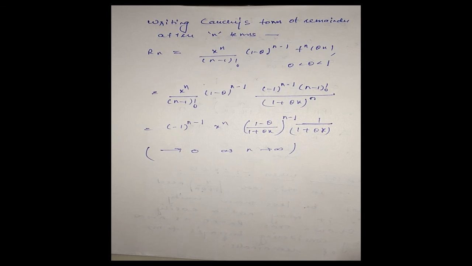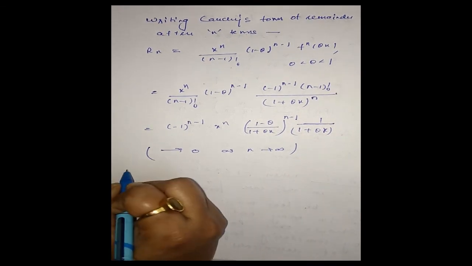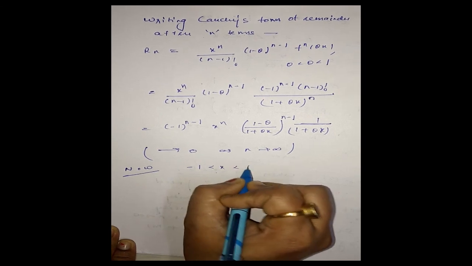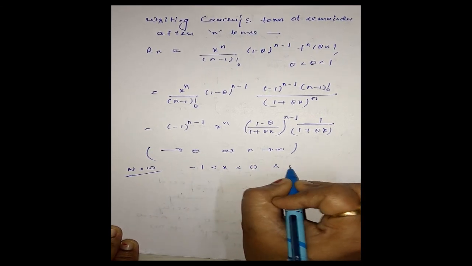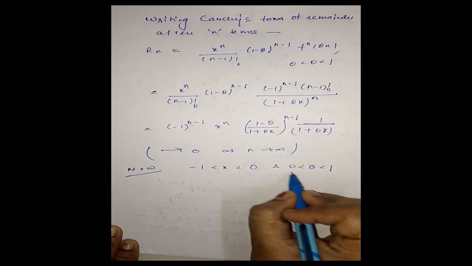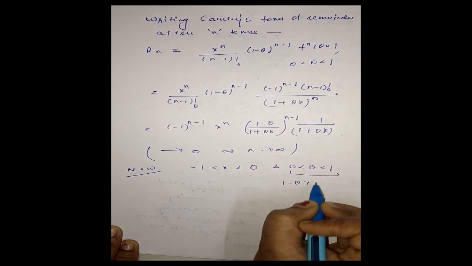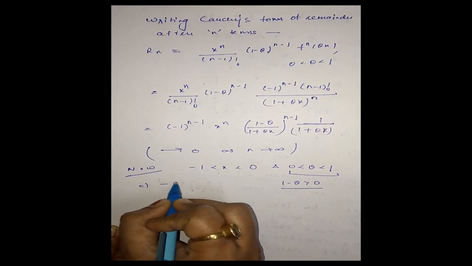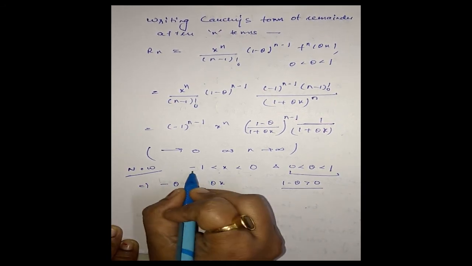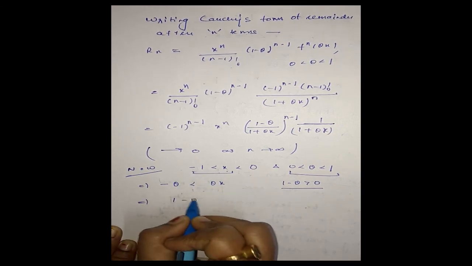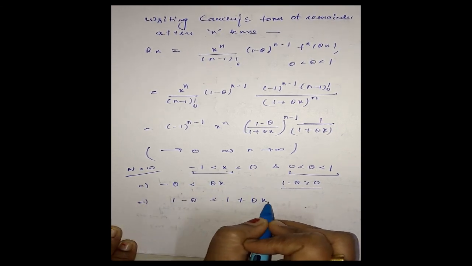Now x lies between minus 1 and 0 and theta lies between 0 and 1. That we know. From here we get 1 minus theta is positive. This implies minus theta is less than theta x, that means 1 minus theta is less than 1 plus theta x.